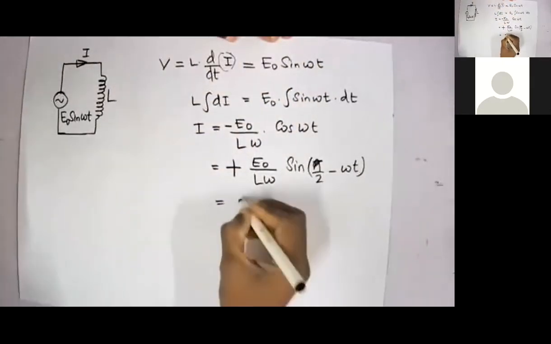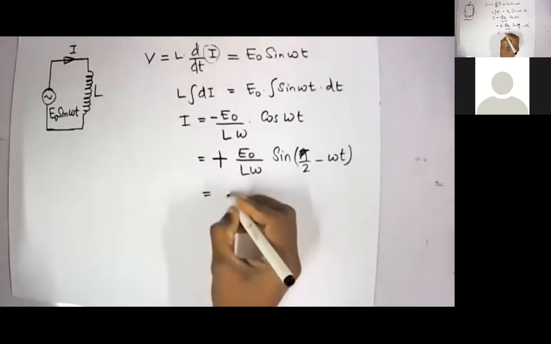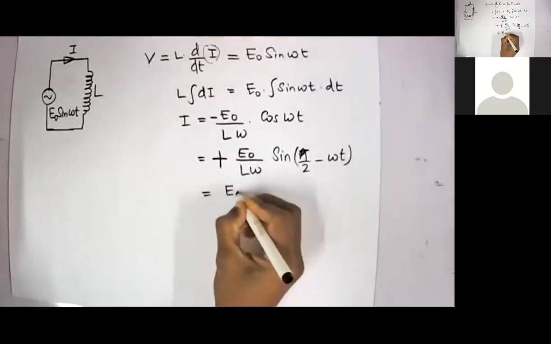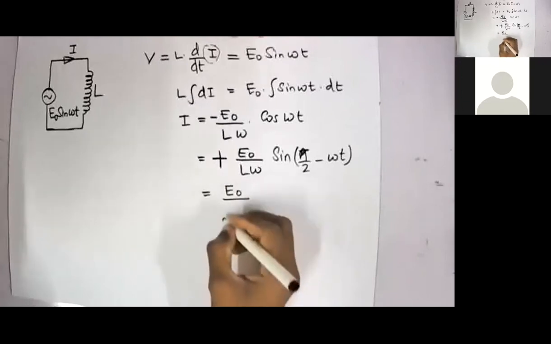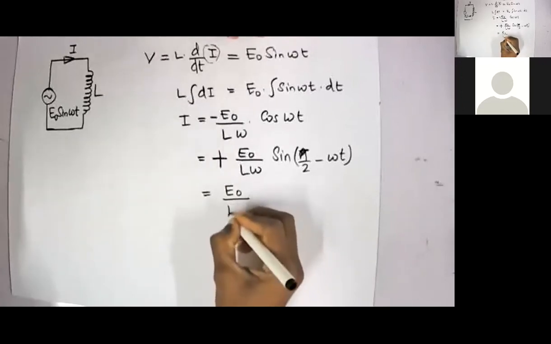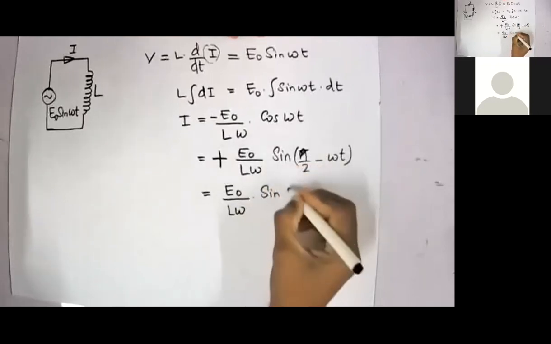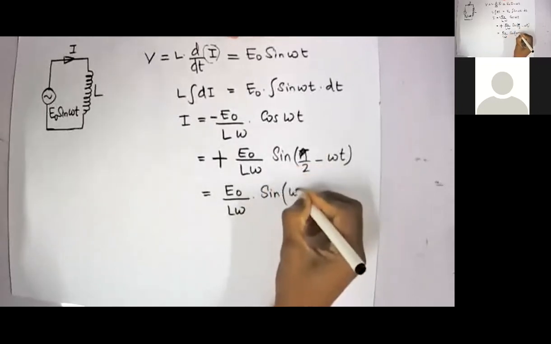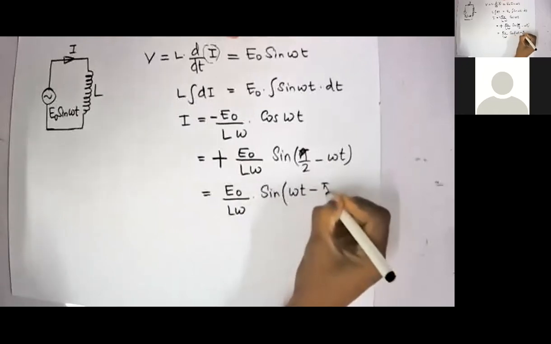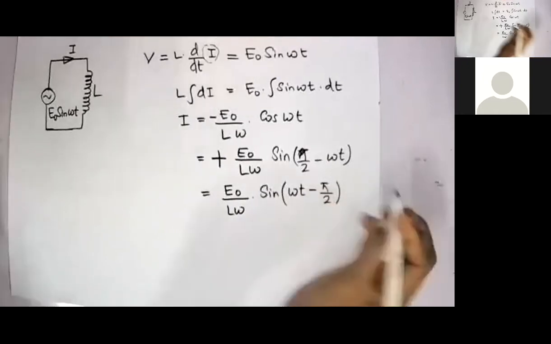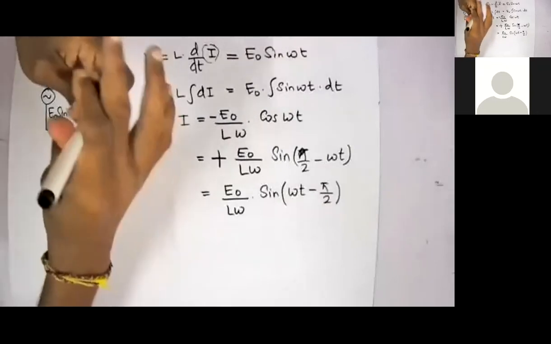So I can write my equation as E naught divided by L omega into sine, since it is pi by 2, I can write it as omega t minus pi by 2. Clear?